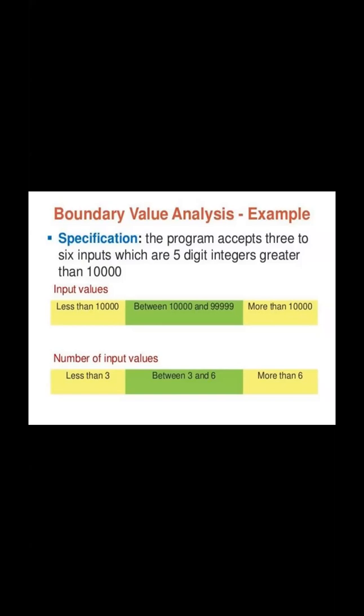If you give a value less than 10,000, that is an invalid input. If you give fewer than 3 or more than 6 inputs, that is invalid; between 3 and 6, the number of inputs will be valid.